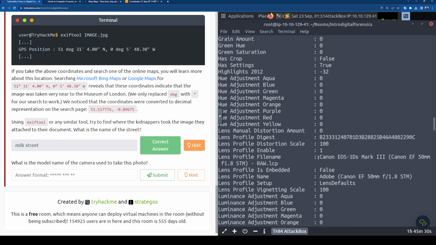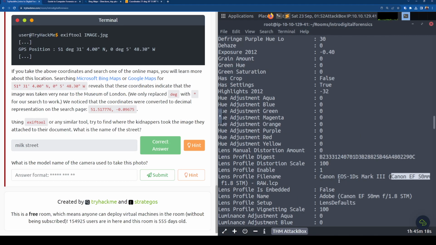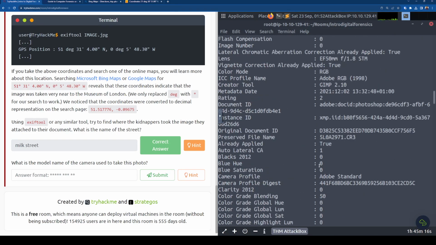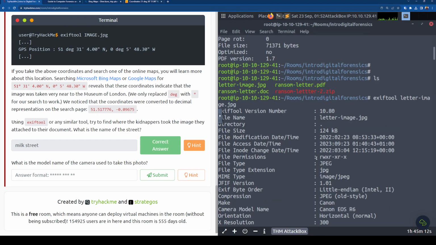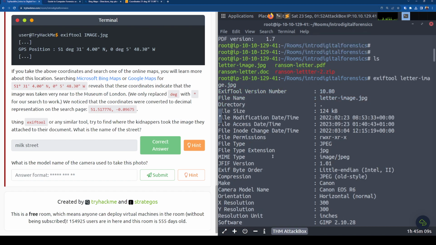Right here, a Canon EOS 1DS. Is this or a Canon EF? So it might be a Canon. Okay, so we're at the top. Canon EOS R6. Here we go. That is probably it.